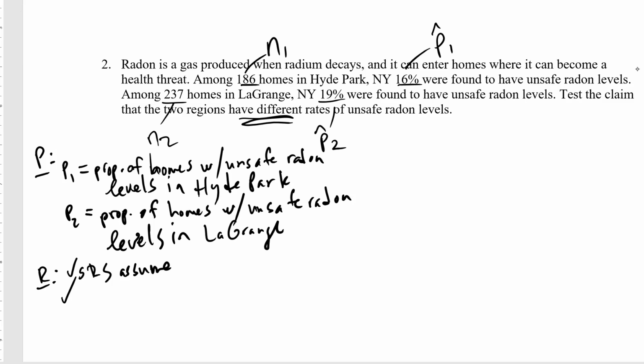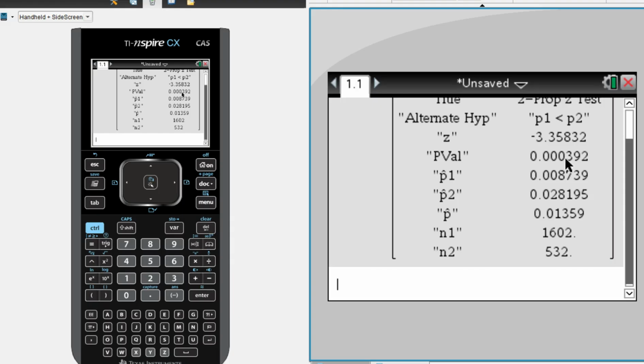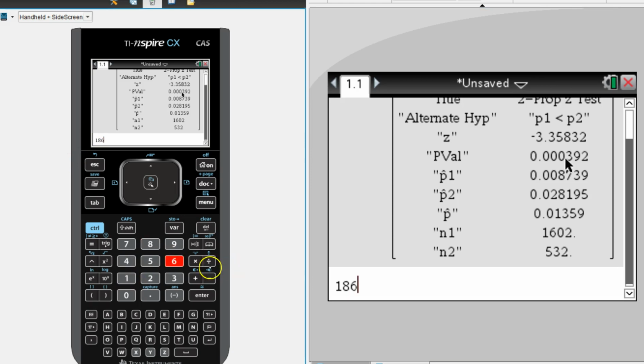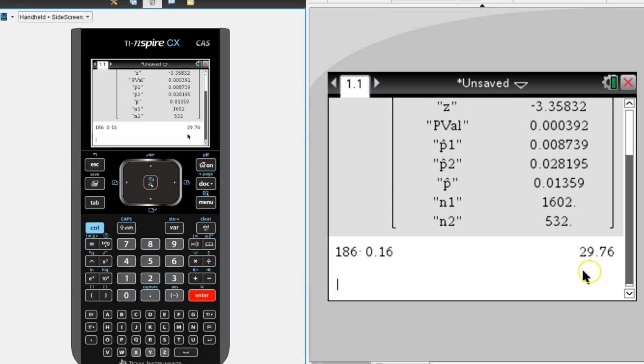So our successes is going to be n times p hat. The thing is, we're going to have to do this twice. So n1 p hat 1, and n2 p hat 2. So 186 times 0.16 tells me we have 29.76 homes.